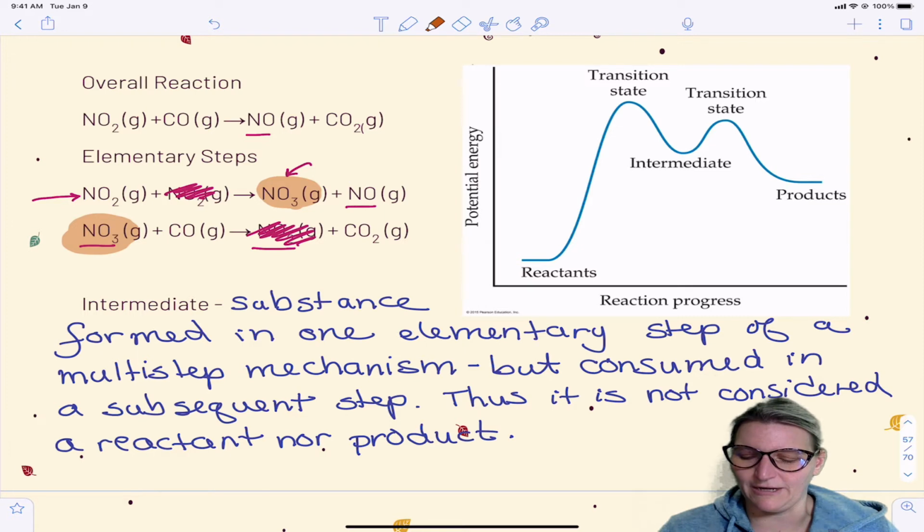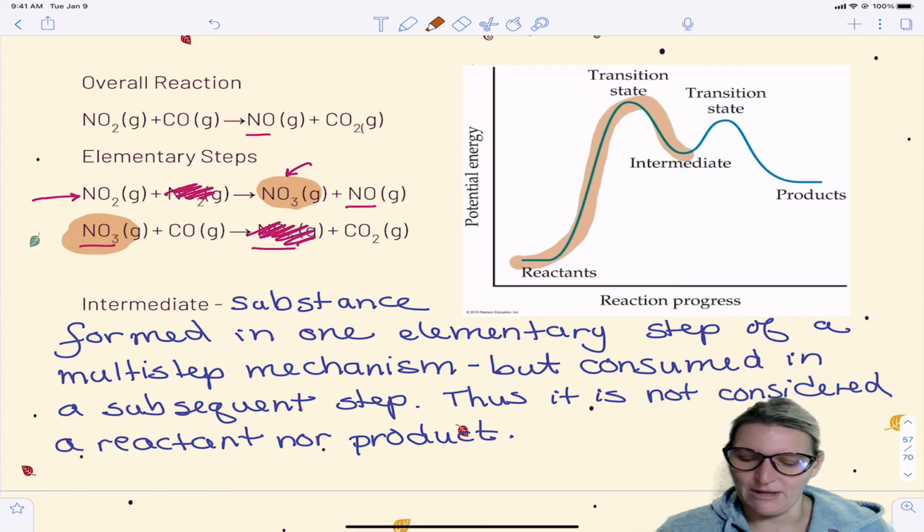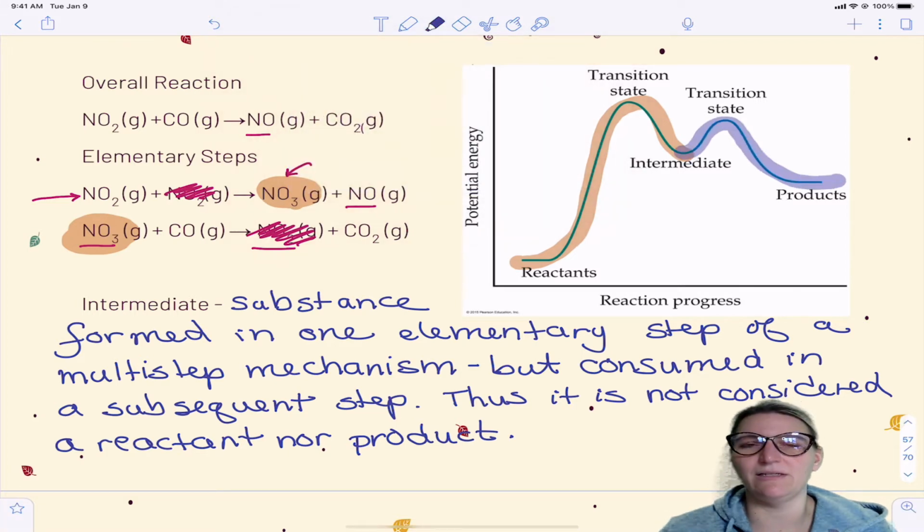It's an intermediate. And you will see these reaction profiles will look a little different because the first part is the first reaction, in this case maybe making that NO3 and NO. And then the second piece of this is that second step.